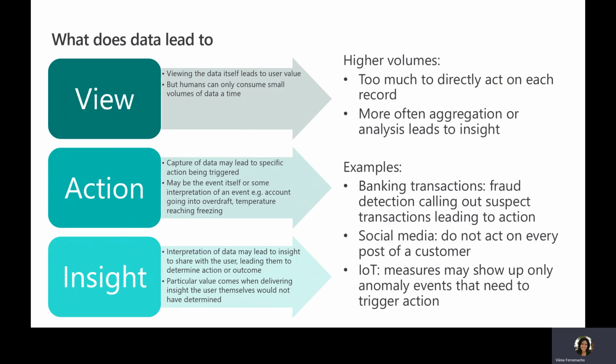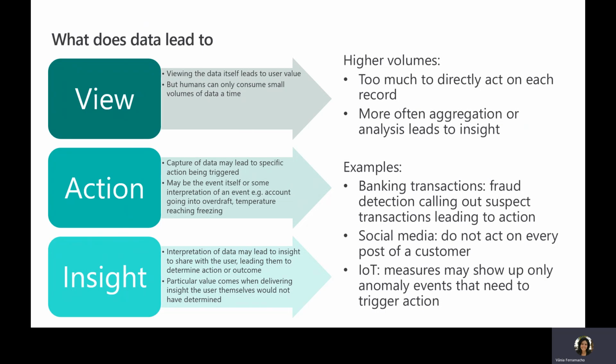So data triggers actions, maybe the event itself or some interpretation of an event, like the example of fraud detection. If there is a suspect transaction, that will trigger an action. Or, for example, in an insurance company, we can use IoT to monitor the heating temperature in specific places, like clinics and schools.